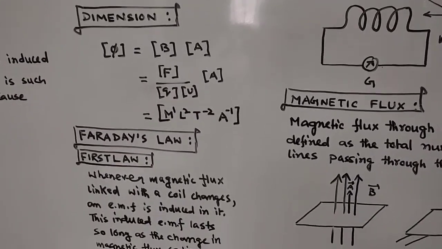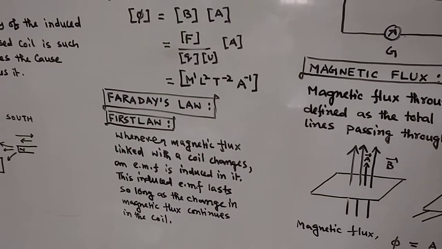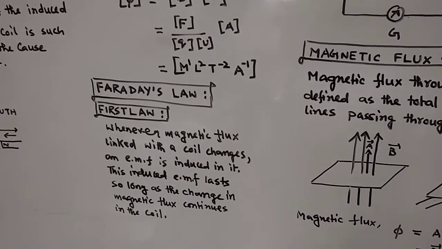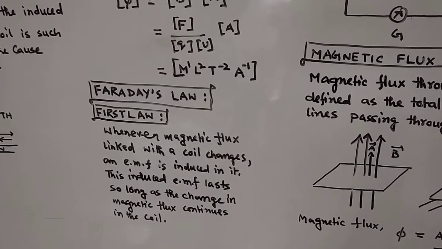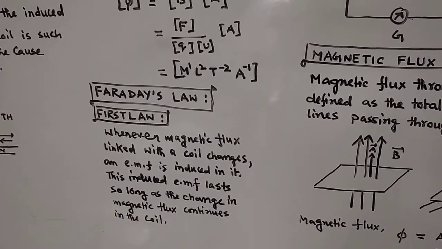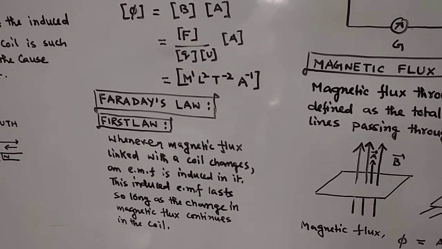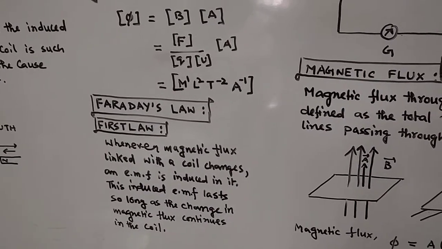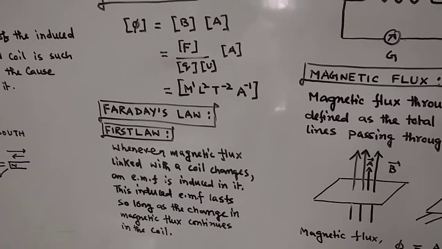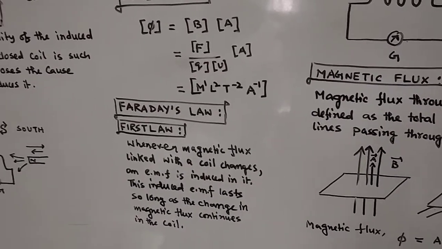Now the next topic which we are going to discuss is Faraday's law. There are two laws put forward by Faraday. Number one: whenever magnetic flux linked with a coil changes, an EMF is induced in it, and this induced EMF lasts so long as the change in magnetic flux continues in the coil. Till the magnetic flux changes through the coil, the induced EMF will be there. Once it stops, no induced EMF will be there. This is the first law.